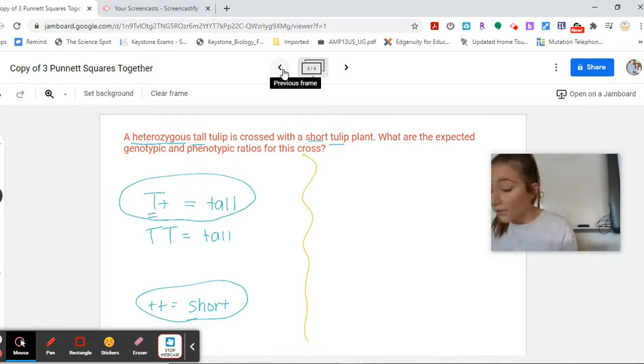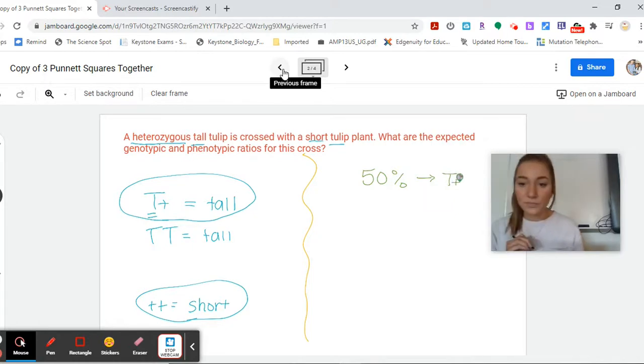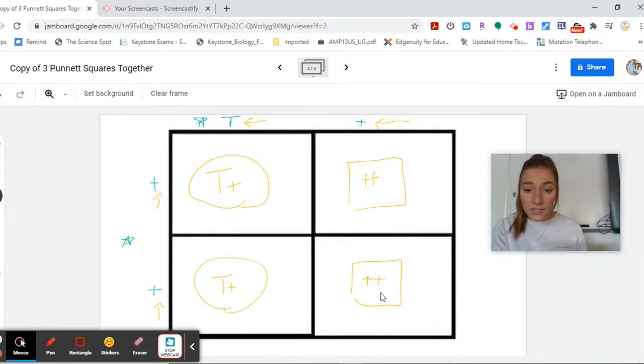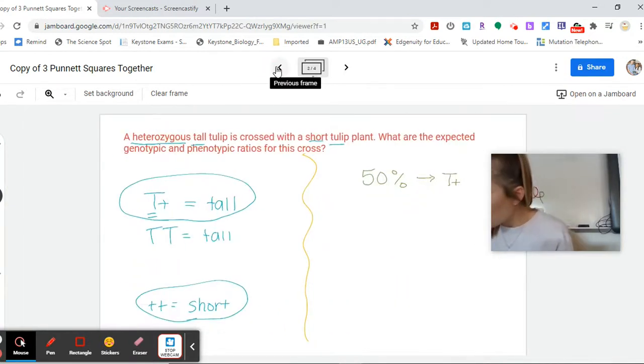So 25 plus 25 is 50%. I have 50% of my offspring that are going to be heterozygous, big T, little t. If you look back at my boxes, I also have 50% that are little t, little t, 2 out of 4. If you want to write the percentage, we're going to say 50 and 50.